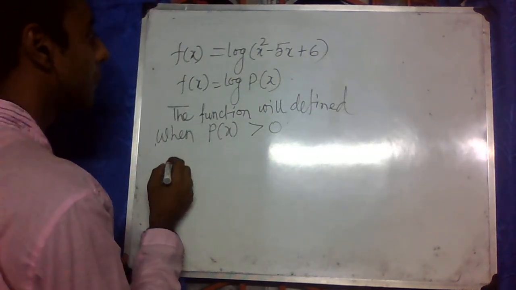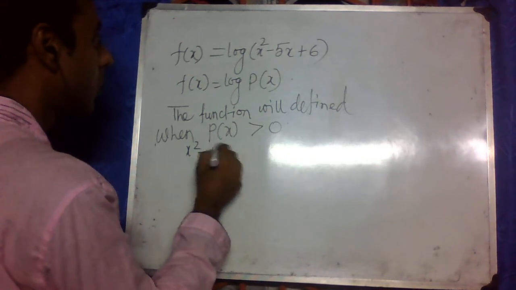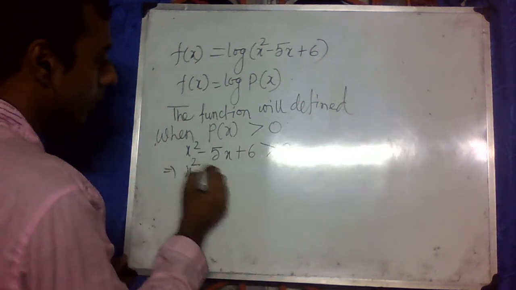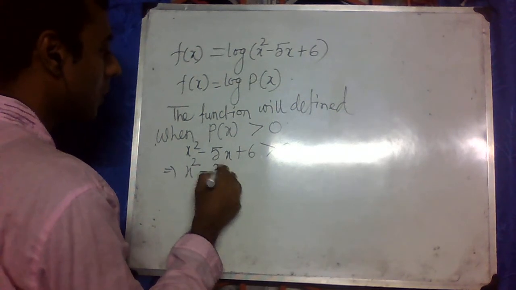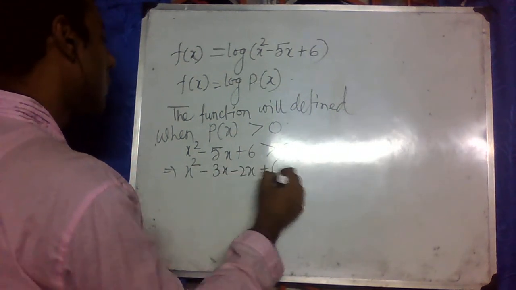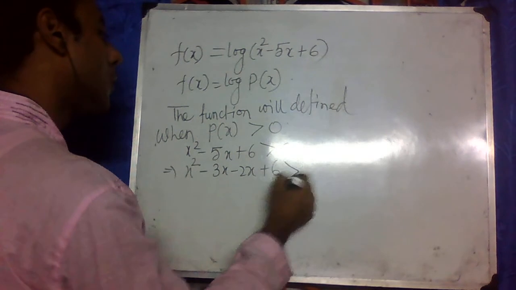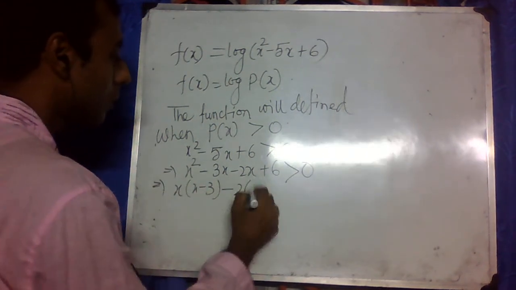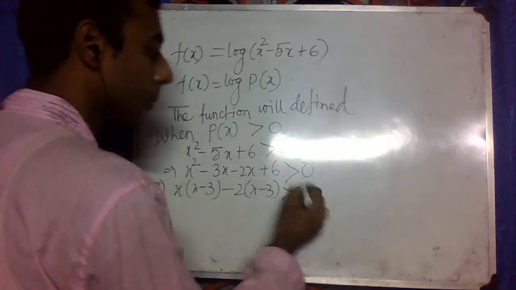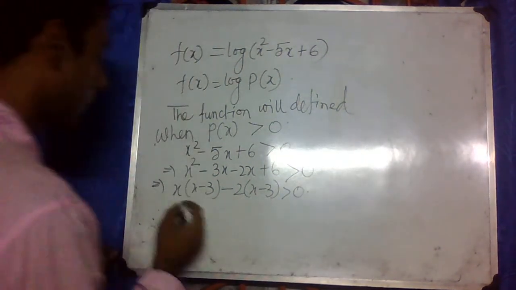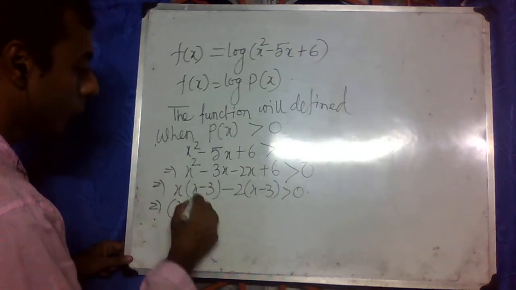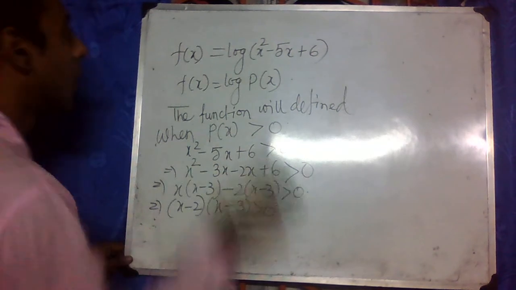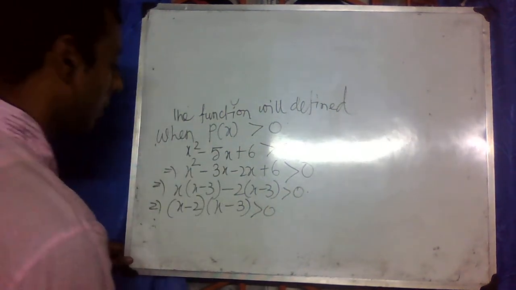That means x square minus 5x plus 6 is greater than 0. x square minus 2x minus 3x plus 6, so (x minus 2)(x minus 3) greater than 0, by rule 1.